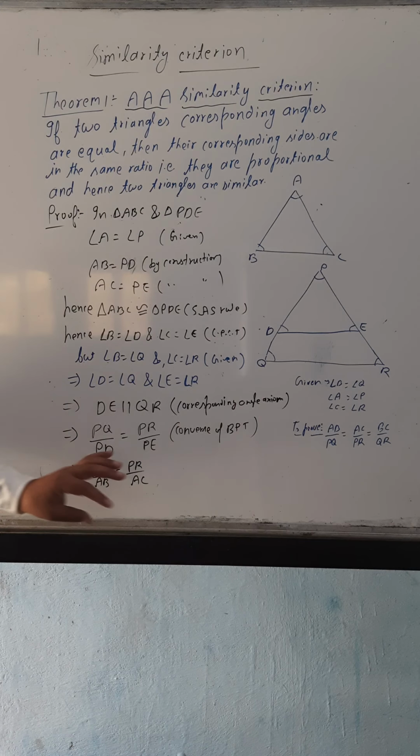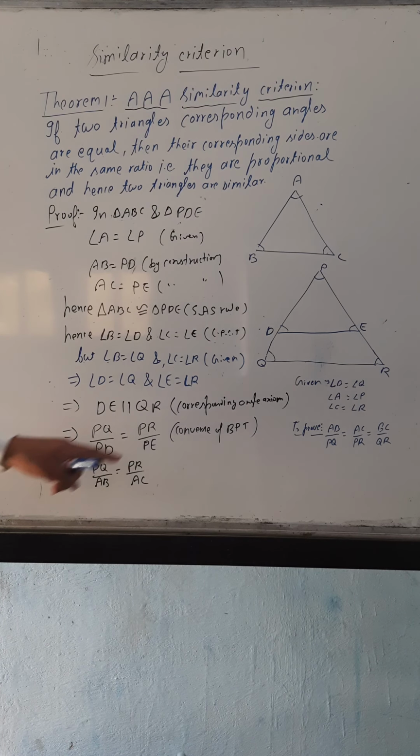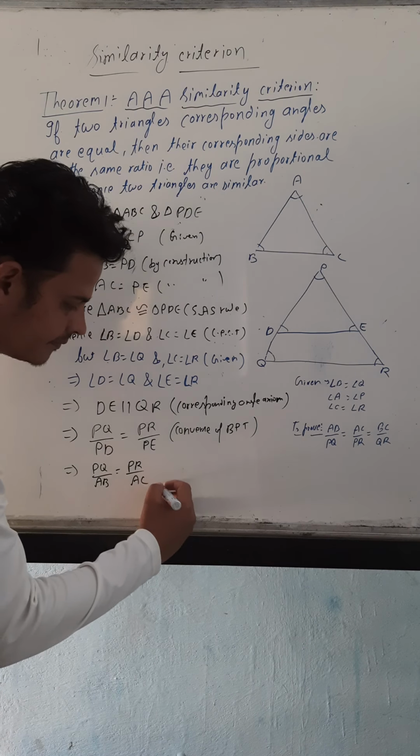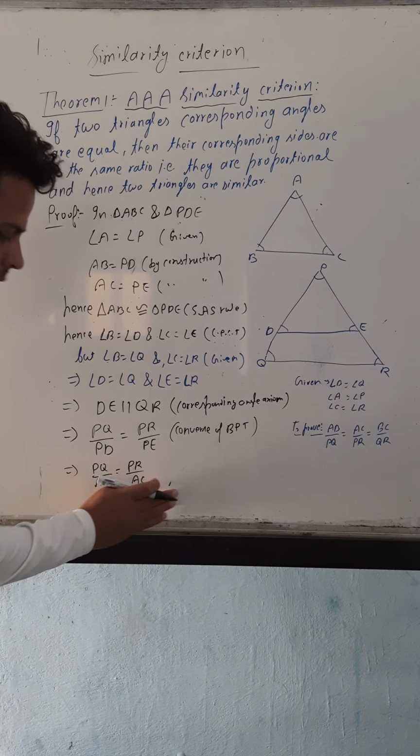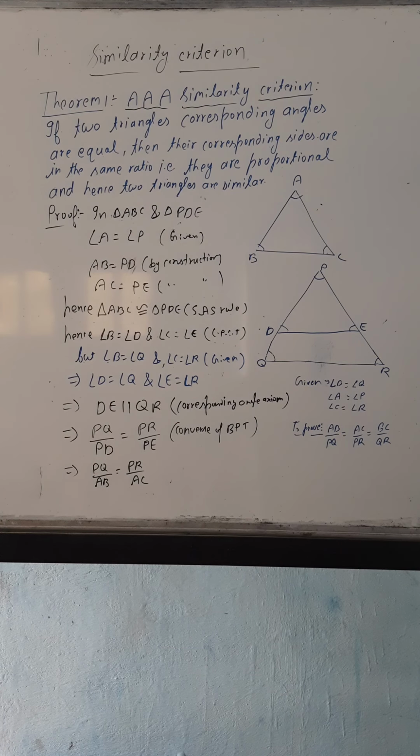Now just reverse it. I can write it AB by PQ. Can I write it? AB by PQ is equal to AC by PR. Yes. It implies. Okay, first you write up to here, then I will write it here. Just write it down.